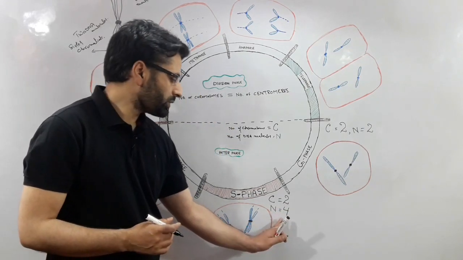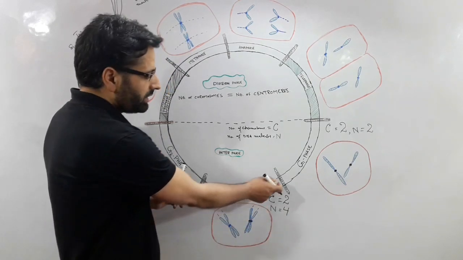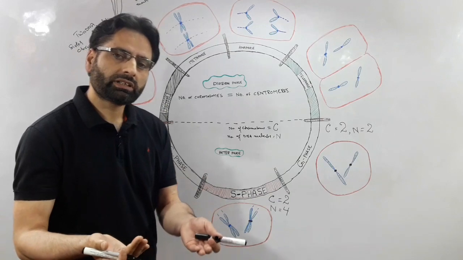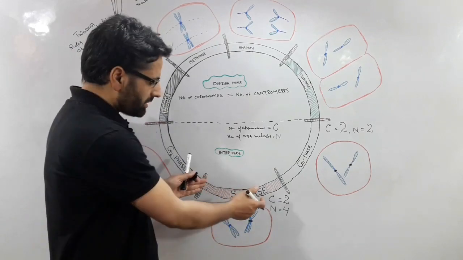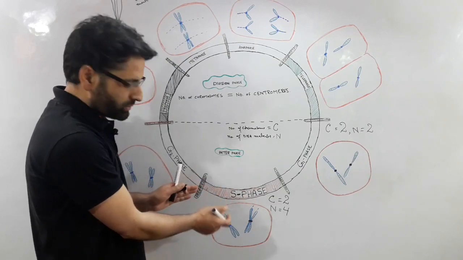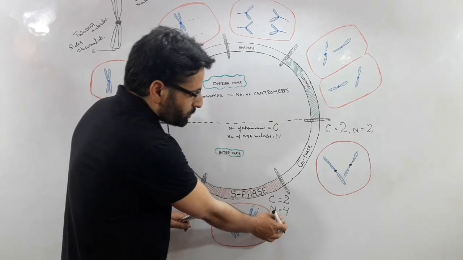This DNA molecule number of 4 will be observed in the late S phase, not in the initial S phase when DNA replication is yet to start. Only when replication is completed during the S phase can you have the number of DNA molecules doubled.